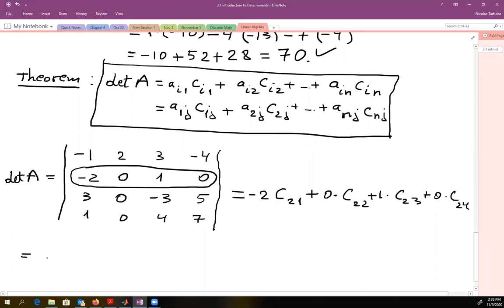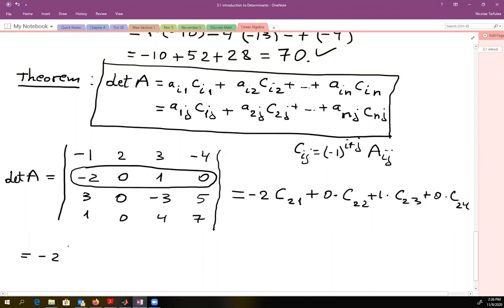So this is -2. What's the cofactor? Remember the definition, the ij cofactor. Cij was defined as (-1) to the i plus j times Aij, right?